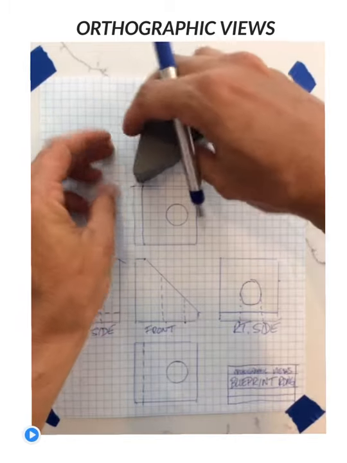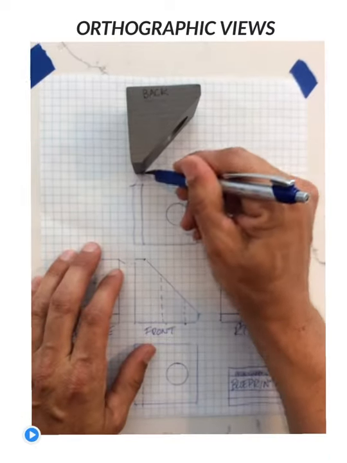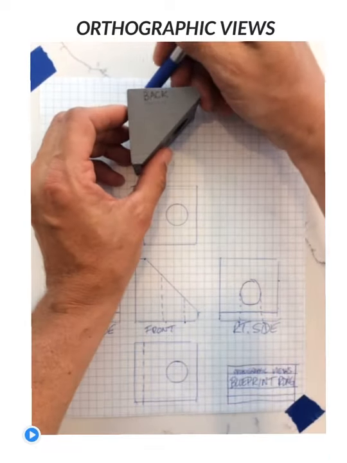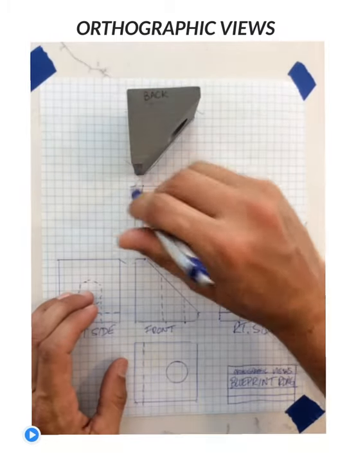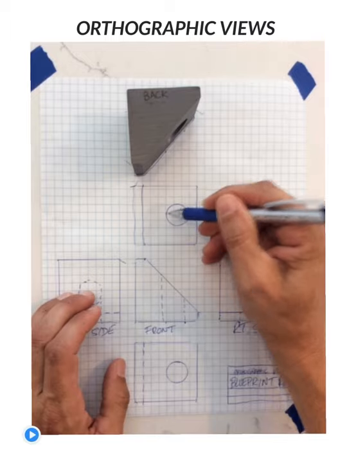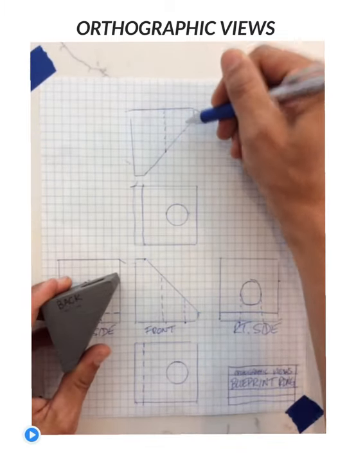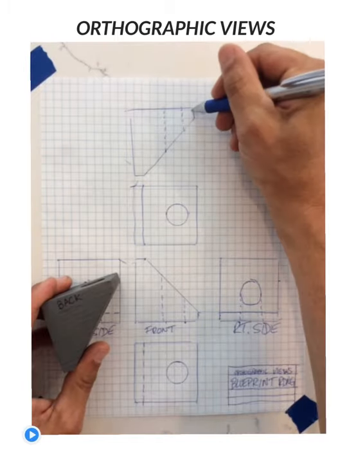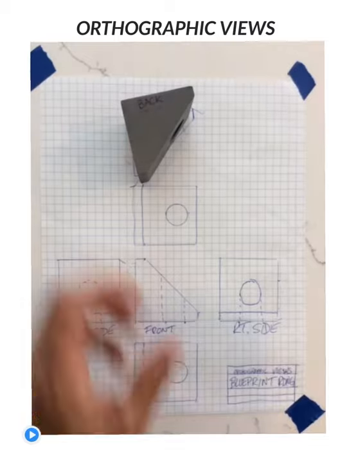Well, it's actually not. That is the back view. I'm going to keep this in line and trace this out. I'm going to put a little tick mark there, although I have this line here to gauge. And I can do that. I pretty much have everything on the back view. I am good.